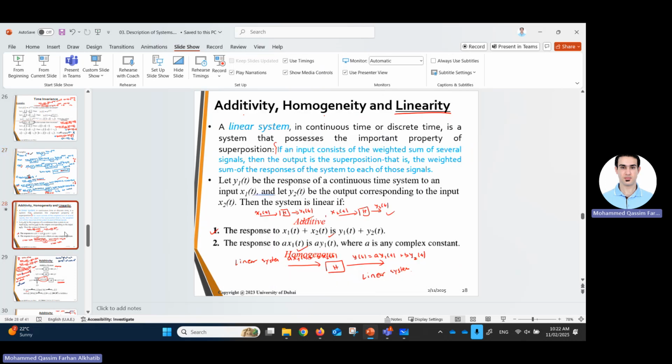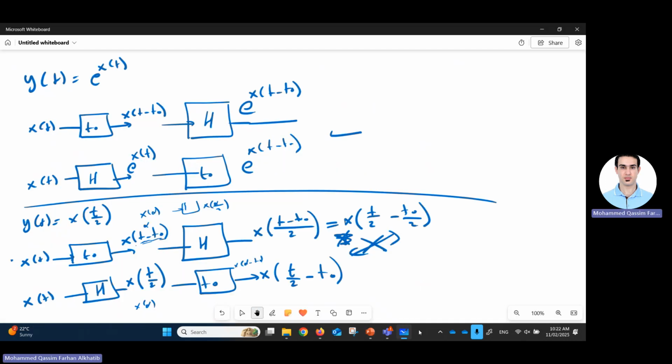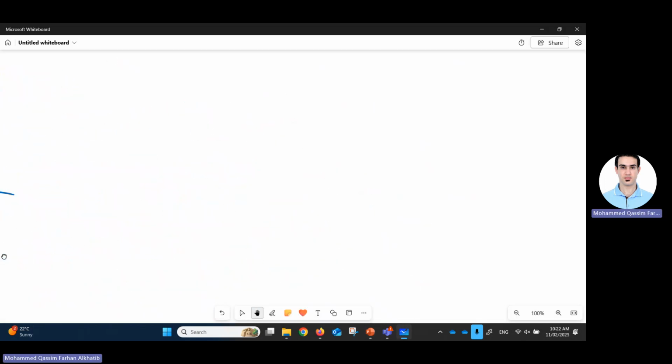Okay, the last part of this lecture is linearity. And linearity could be broken into two parts, homogeneity and additivity. However, I don't prefer to do homogeneity alone or additivity alone. I prefer to do them together, simply by looking at the block diagram of how to solve linearity. Basically, for linearity, I have two systems.